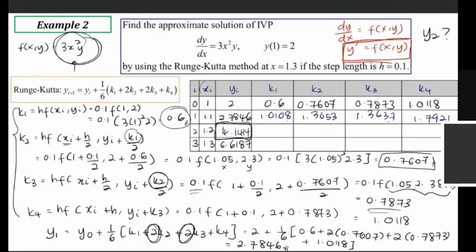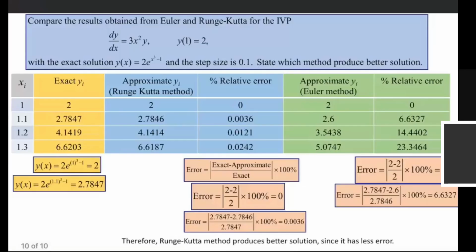So here we get 4.1414. So this is the solution for this question.